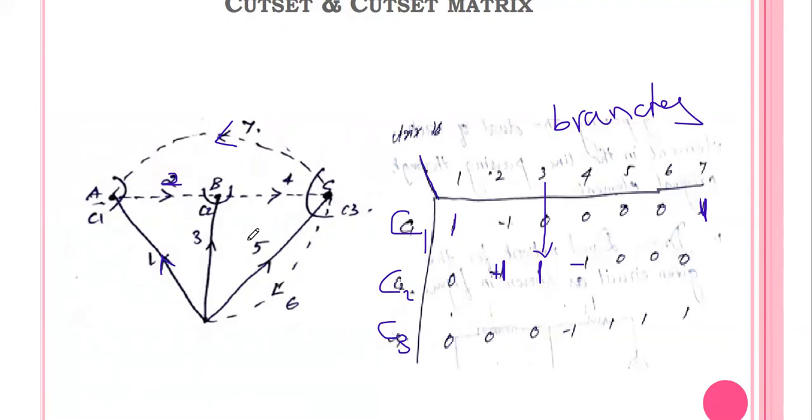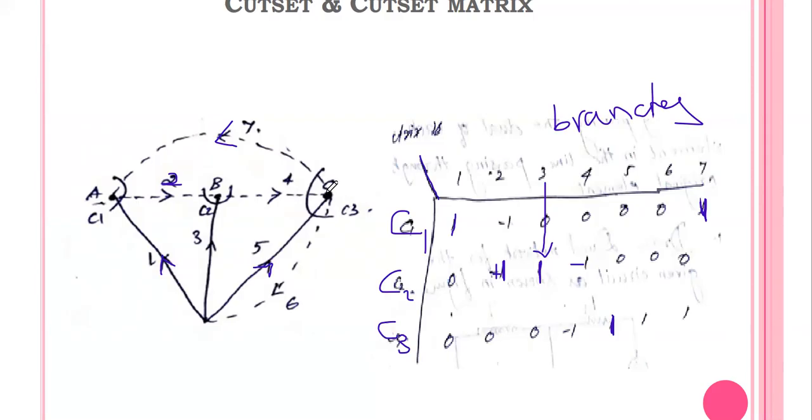Then the next one, cut set 3. You see the cut set 3 current is the same as that of this link 5 current. So 5 is incoming, so corresponding to 5 you put 1. What about 6?